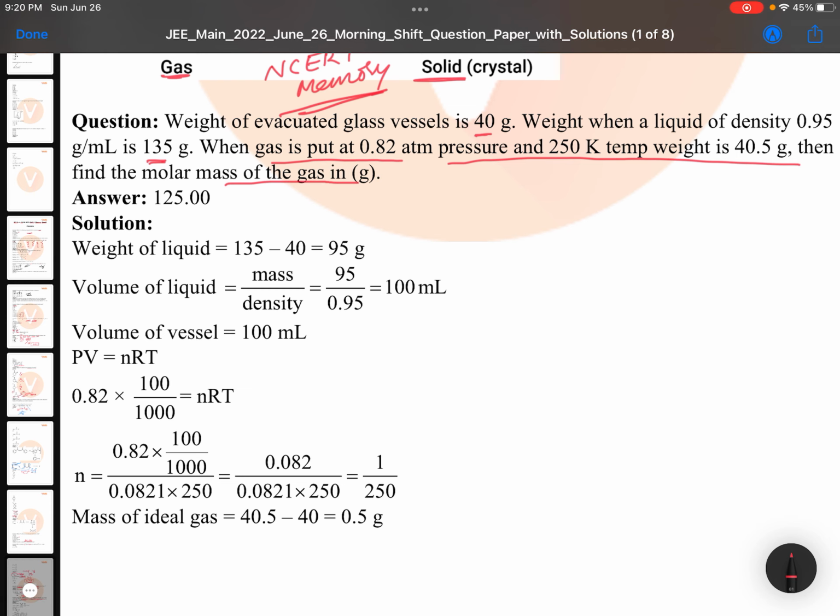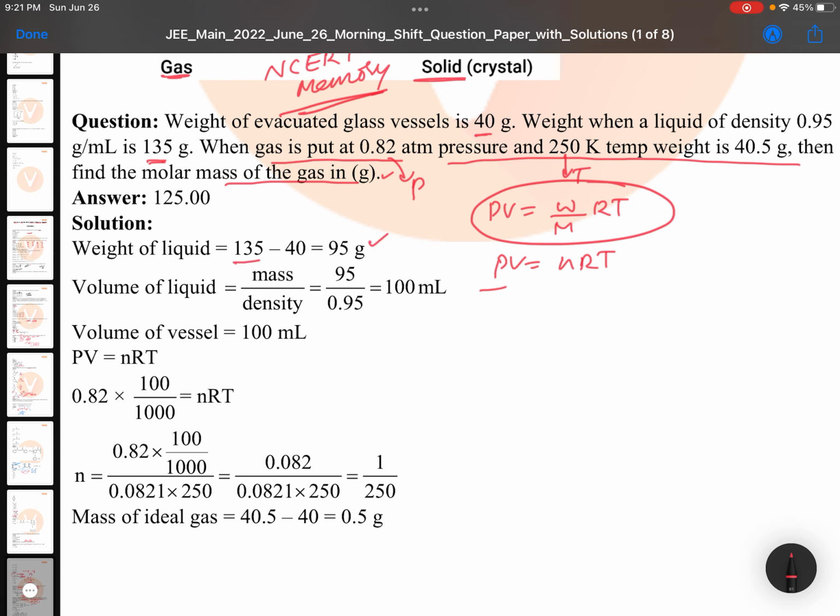As this is memory based, the data may be a little off here and there, but he is asking for the molar mass. So you can go for PV is equal to weight by molecular weight into RT. This is the formula, or PV is equal to nRT. Pressure is given, temperature is given, and volume you can find from the density. That job he has done here.